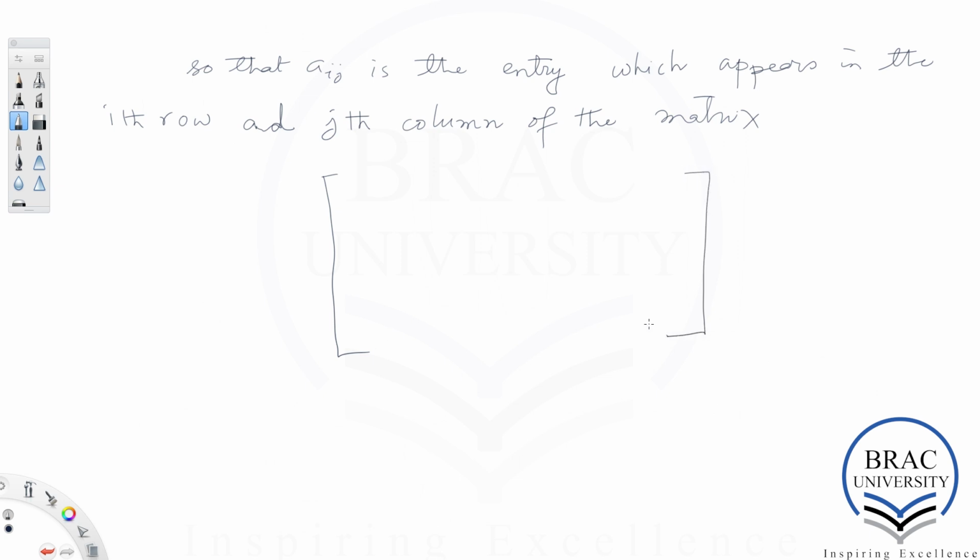So here is the matrix. Suppose the entry is situated somewhere here, Aij, and it belongs to the ith row and jth column.